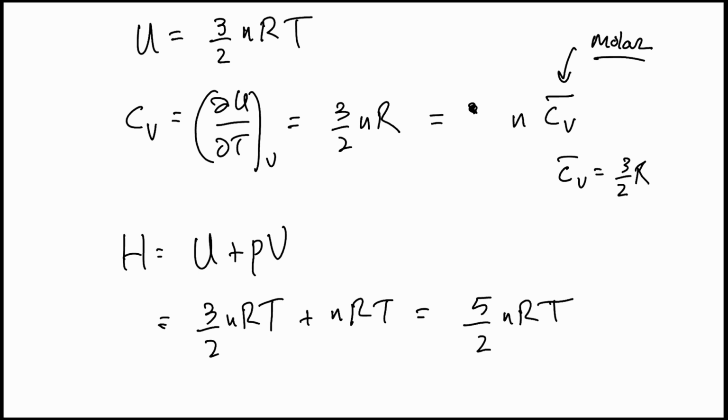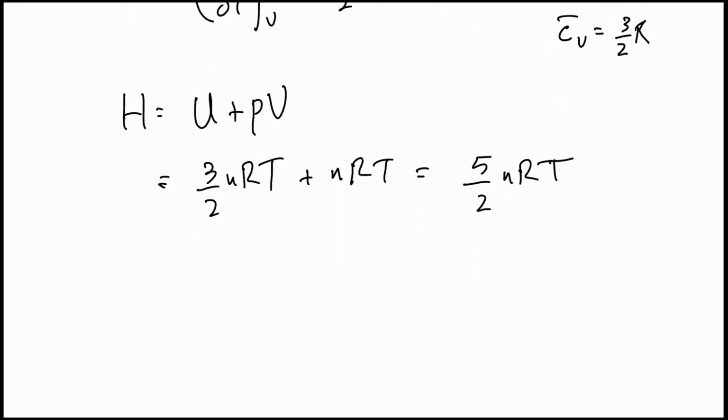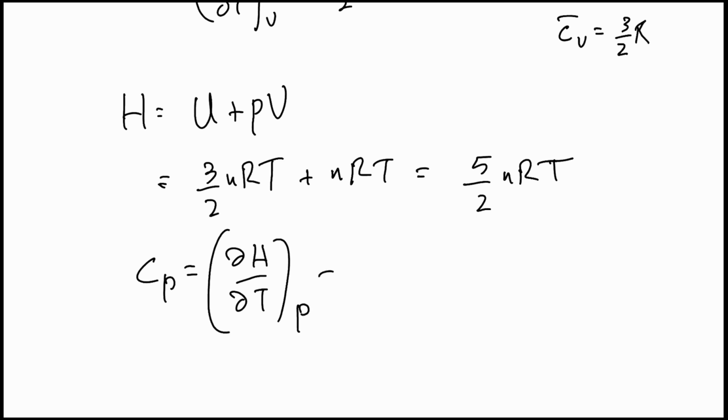But that is how the enthalpy depends on temperature. So if I calculate CP, constant pressure. See, now it doesn't depend on pressure, but I'm pretty sure that Craig Murray talked about the van der Waals gas, right? And so there, did he talk about how U depends on T and V?